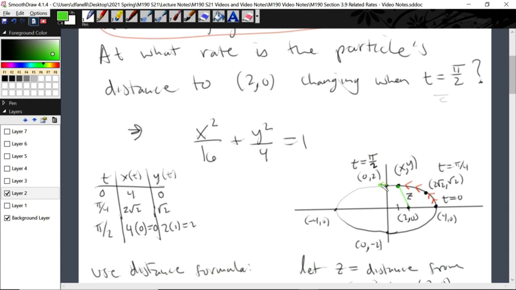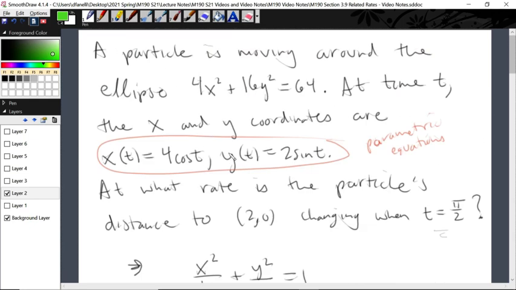The x-coordinate is therefore decreasing because we are moving to the left. If we were to evaluate it down here at this point, the x-coordinate would be expected to be increasing because it would be moving to the right. This is according to the parametric equations that we were given.